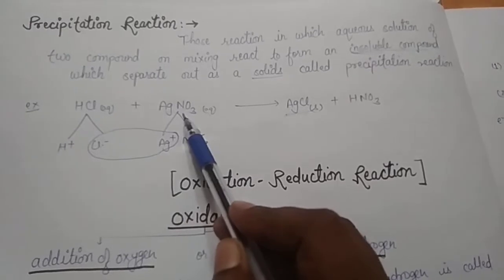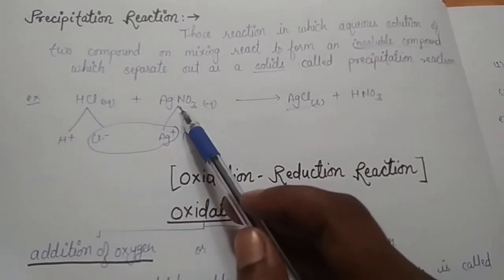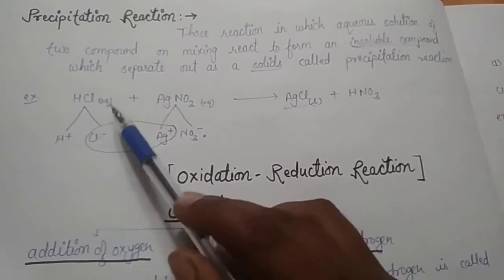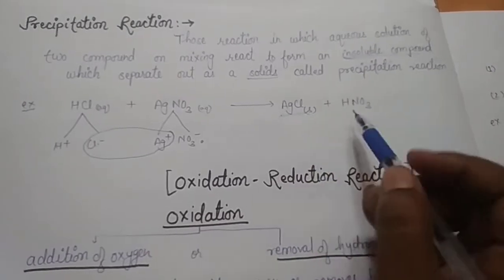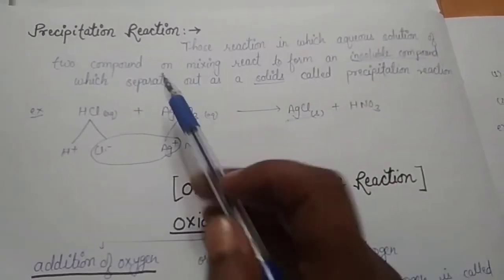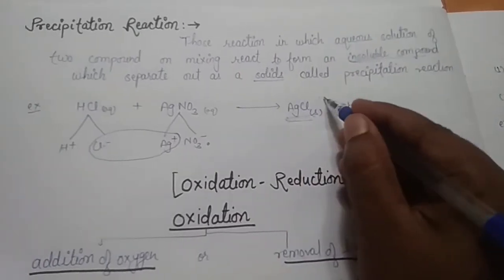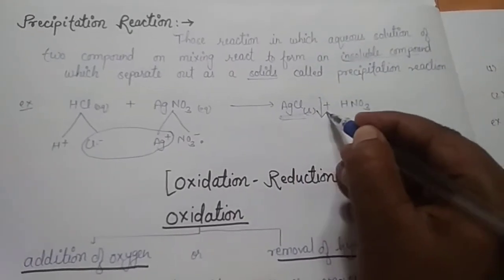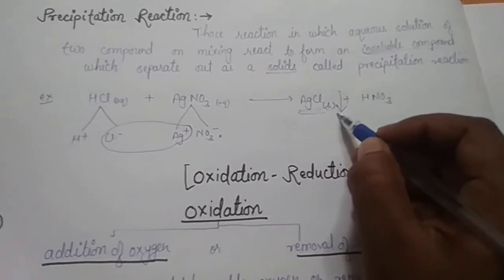When silver nitrate is dissolved in water, that will be an aqueous solution. So when they combine, if they produce an insoluble solid product along with the solution, that will be a precipitation reaction. When a precipitate is formed, the symbol of precipitate is a downward arrow, so that shows a precipitate is formed.